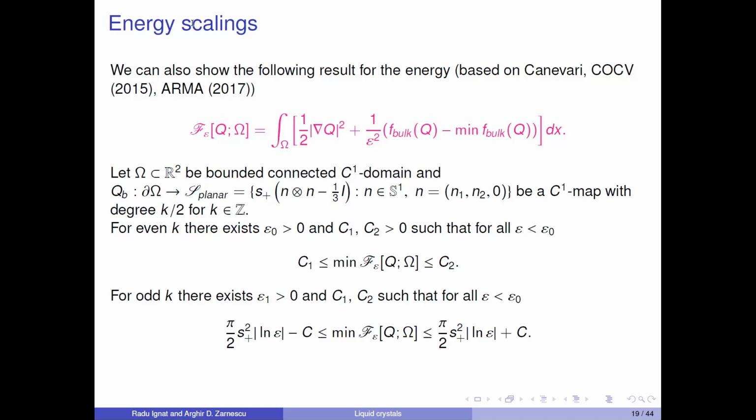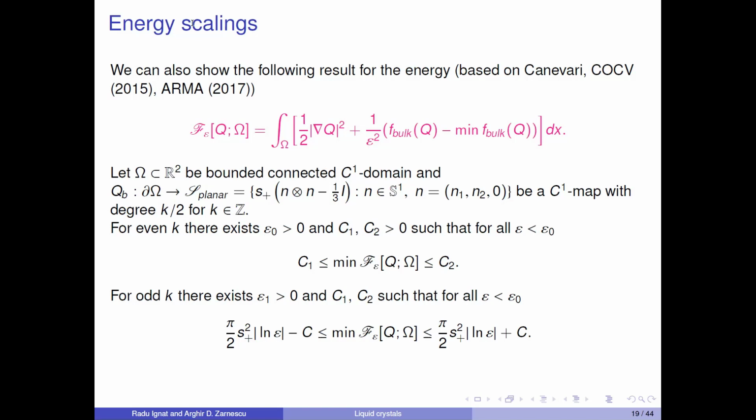So the energy is bounded. But for odd K, there is a topological obstruction, like in Ginzburg-Landau. So you also have, like in Ginzburg-Landau, a divergence at the level of energy. So this is, at an energetic level, the fundamental difference between the even and odd case.